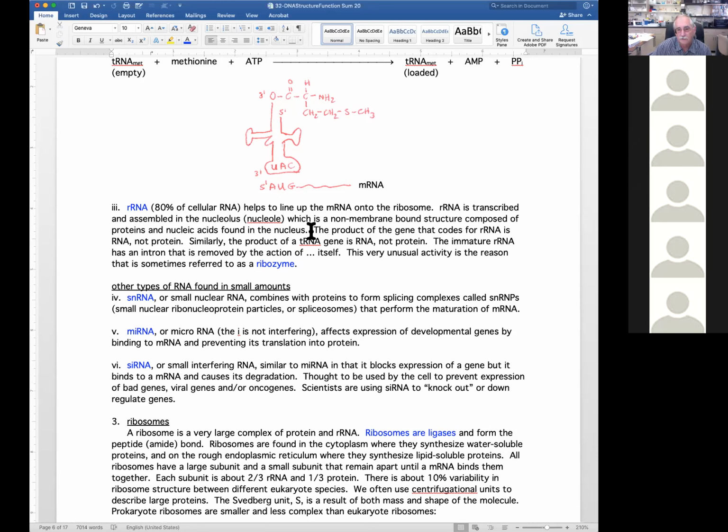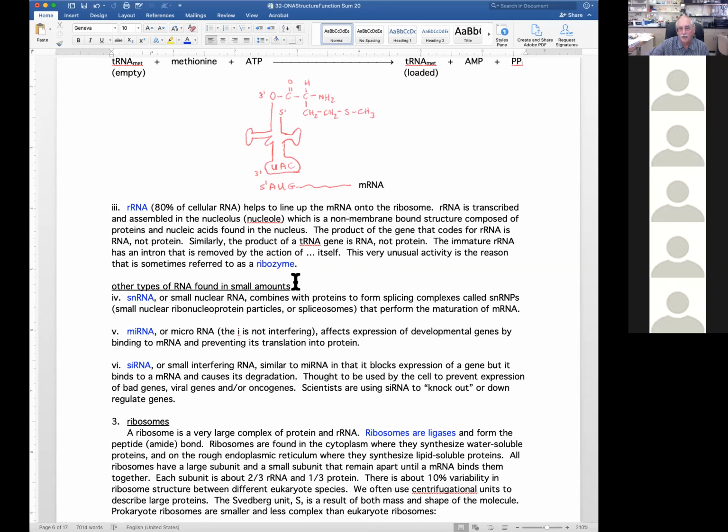So the product of this gene that codes for ribosomal RNA is RNA. It's not protein. Some people think, or have been told, that the product of every gene is a protein. Not always. Sometimes it's ribosomal RNA. Similar for tRNA. So yes, sometimes the product of a gene is RNA and not protein.